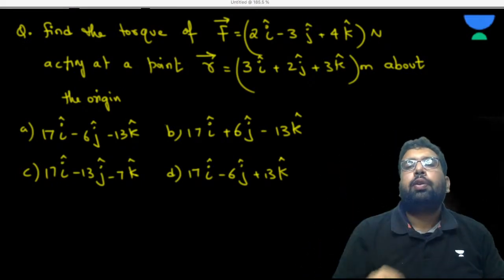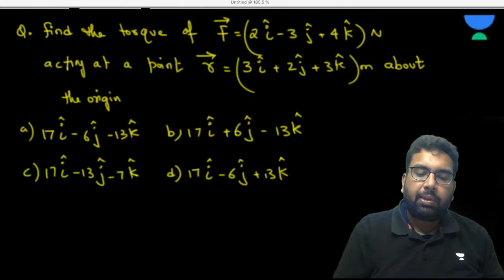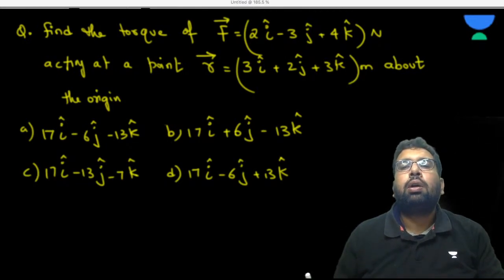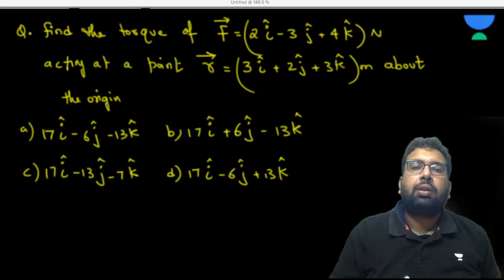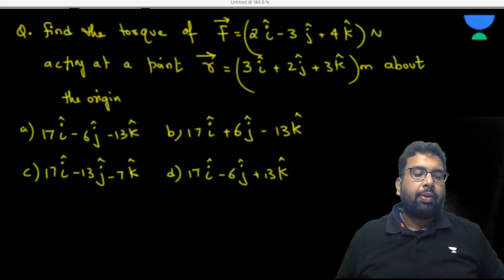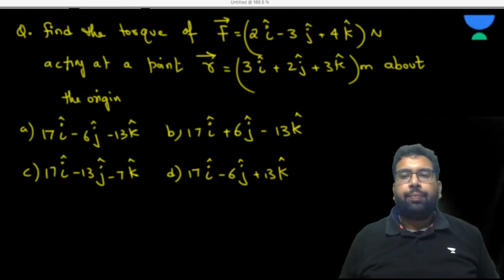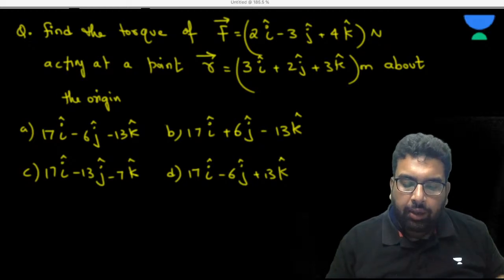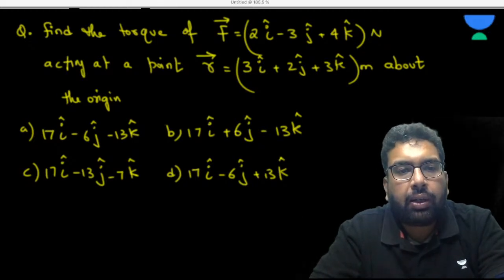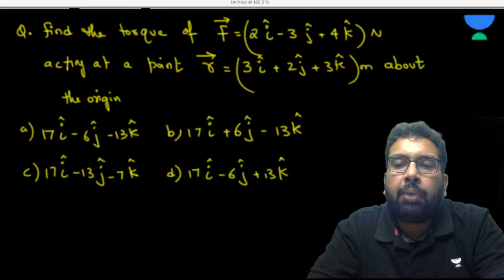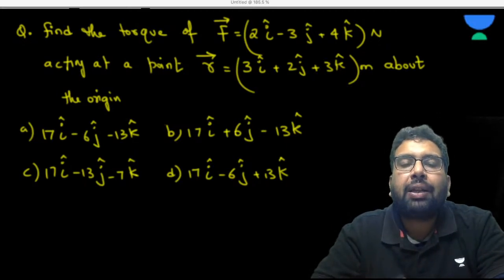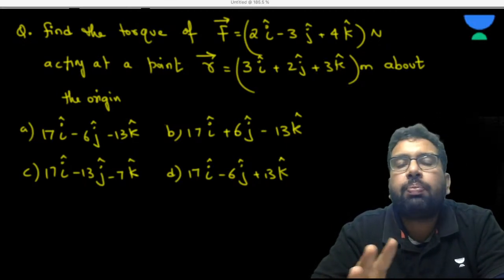Right? So in the last session, I told you something when I was explaining the relevance of this cross product. I have given you this example, right? Okay. So torque is basically a vector quantity. It is sort of a force only, but torque basically rotates the body about some point.